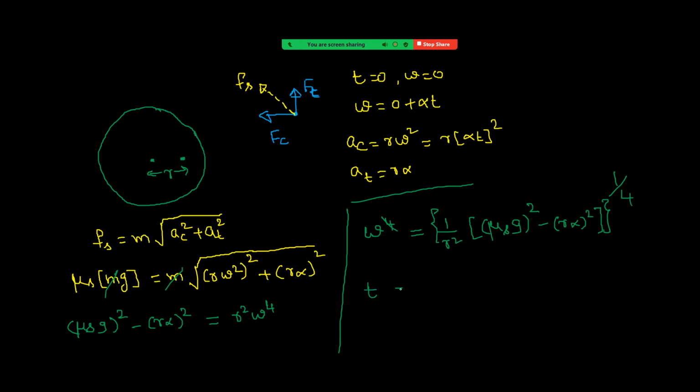Therefore, t equal to 1 by alpha, remaining value 1 by r square, square of mu sg minus r alpha square.